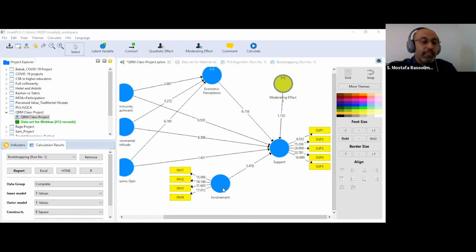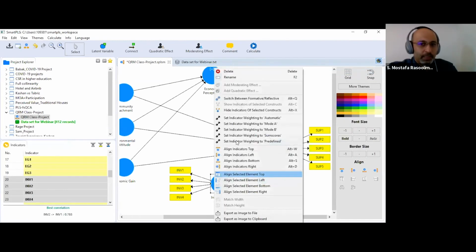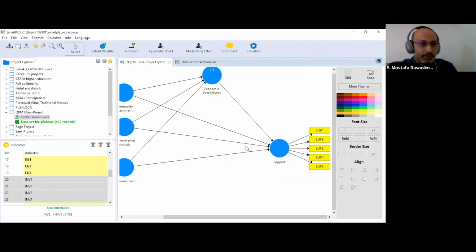Here the moderator is involvement. If the moderator is gender, you need to do exactly the same steps. Okay, let me delete this one and this one. Okay, age, gender.